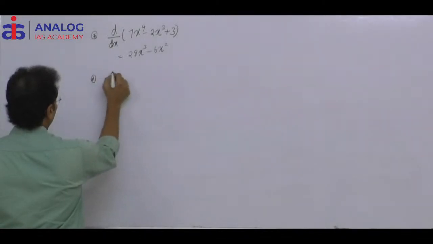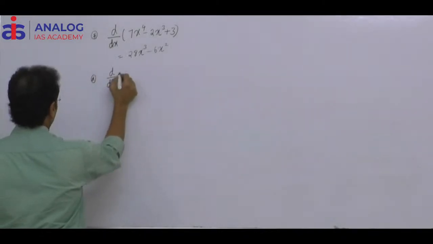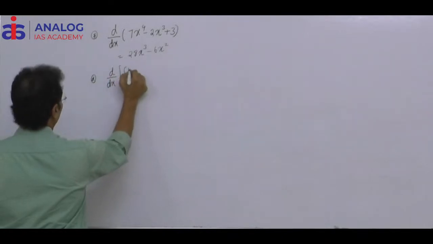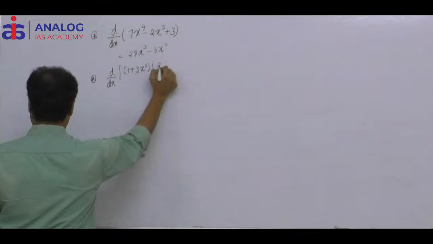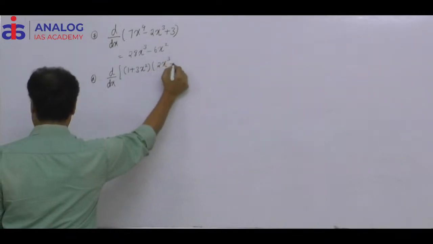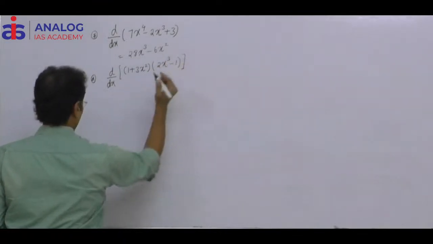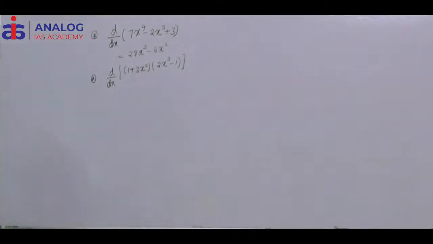So d by dx of 1 plus 3x square into 2x cube minus 1.